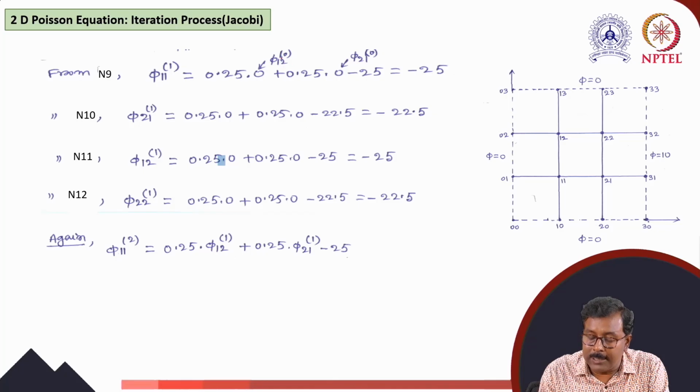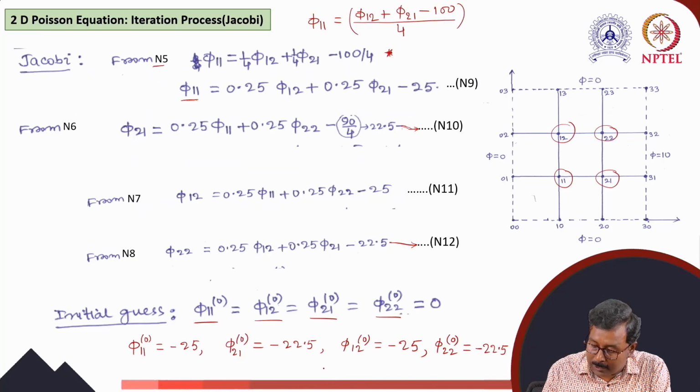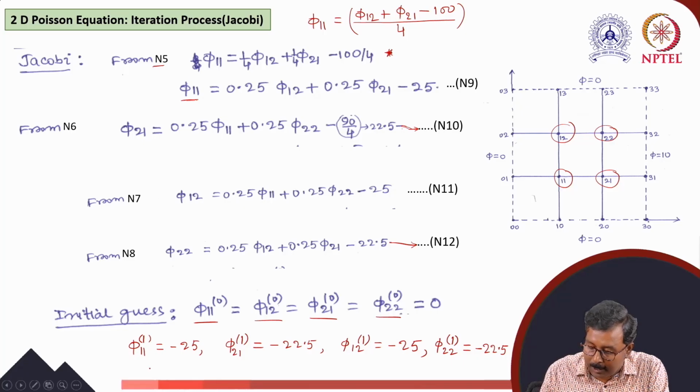So initial guess as 0, so let us write it as iteration 1. Because initial guesses are iteration 0, we should write here 1, first iteration, because these were the initial values.